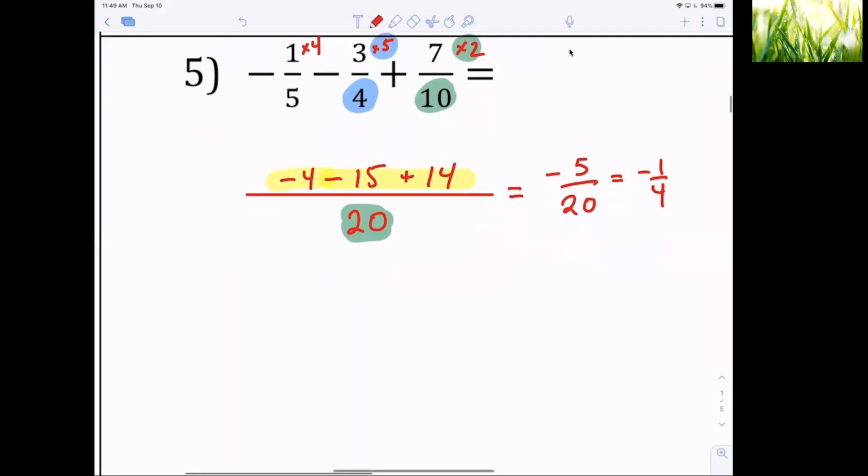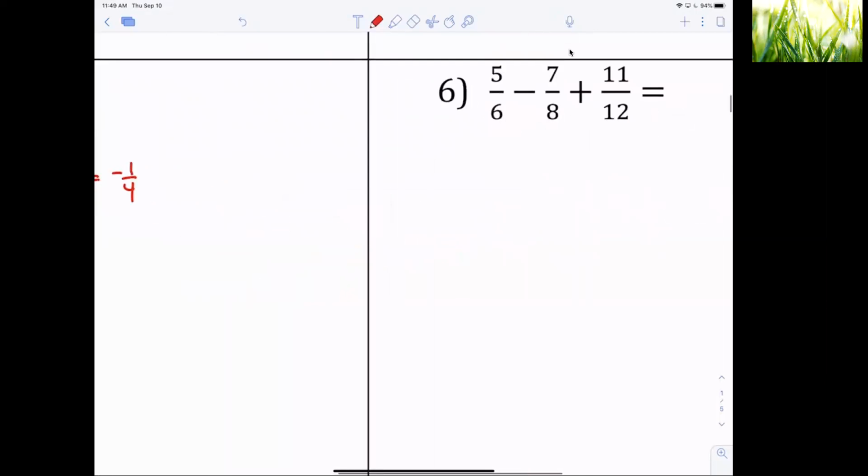Positive 20. Negative 4 and negative 15 is what? Isn't that negative 19? Oh, okay. And then plus 14. The signs are different, so we subtract. Right? All right, here we go. Keep it up. Come on.